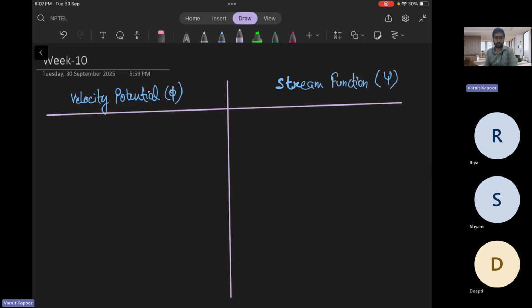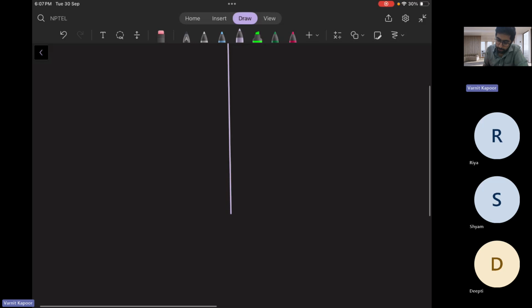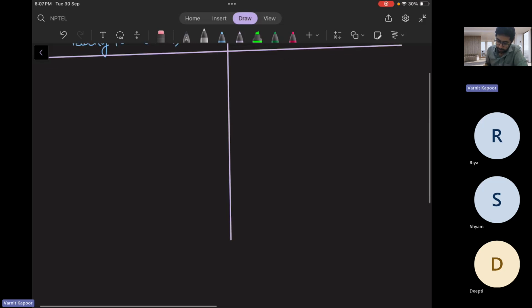So these are your two functions. The first point for the velocity potential function is that it is a smooth, continuous point function.